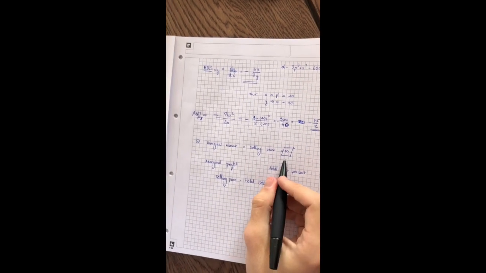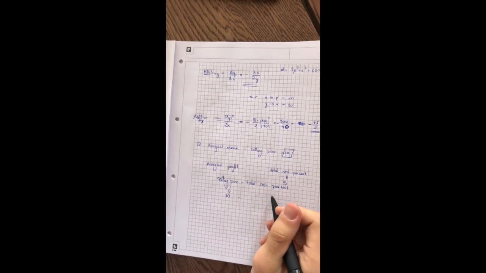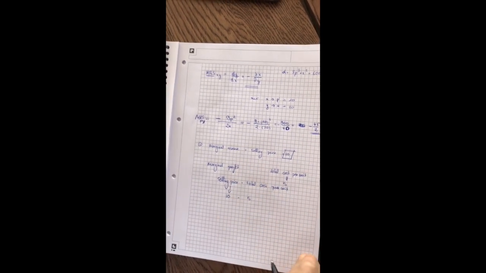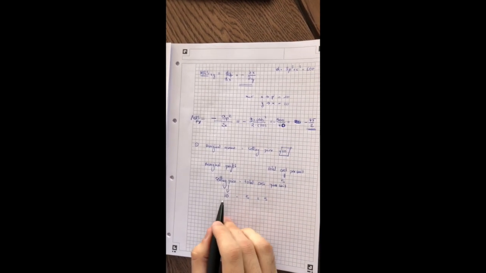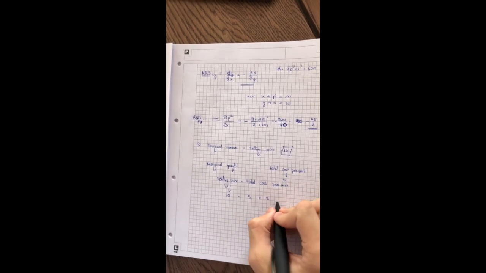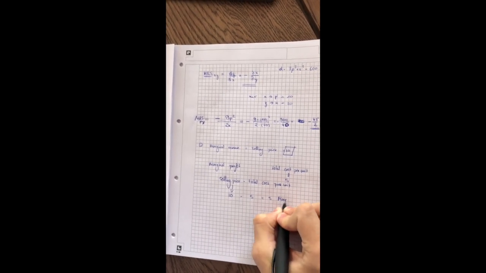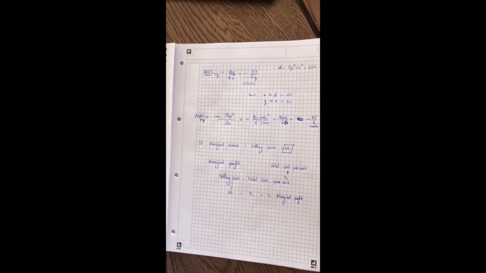We know that the selling price is 10, and the total cost per unit is 5. So 10 minus 5 is 5. So our marginal profit is 5.